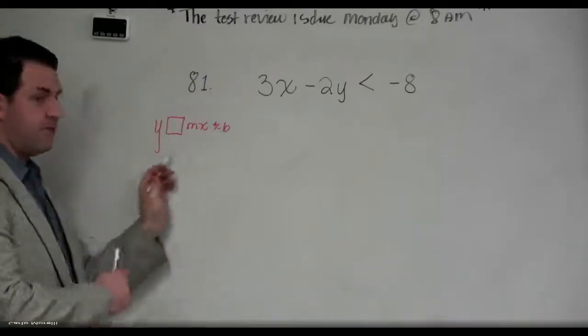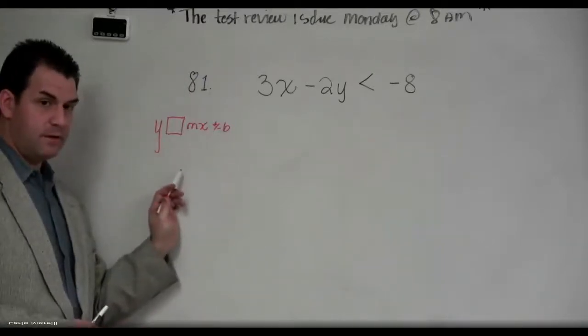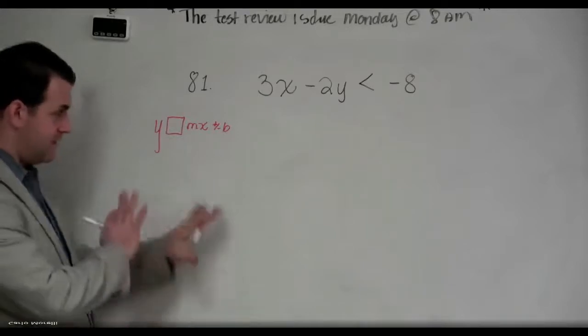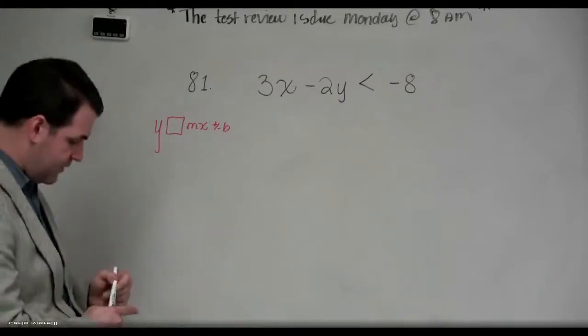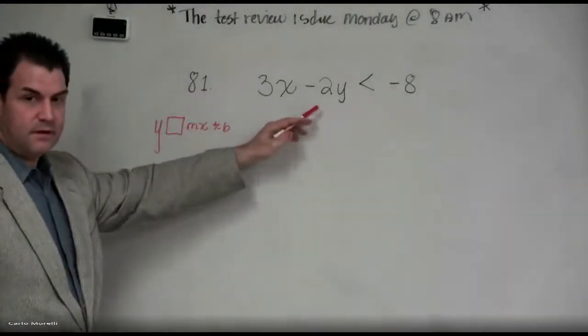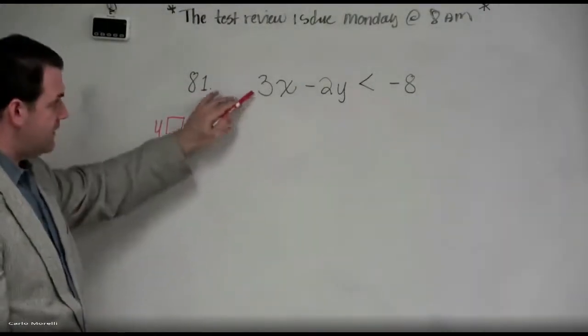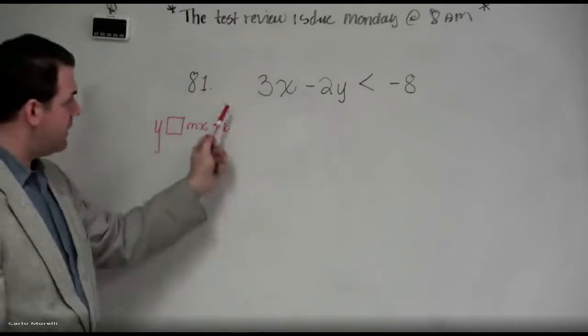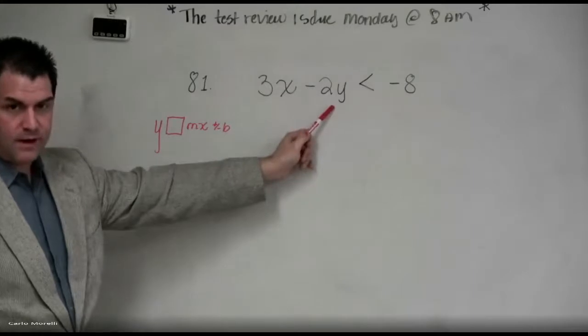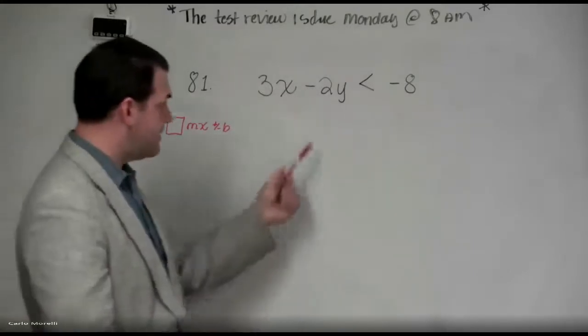So this is the slope-intercept form that we know from our linear equations, but this is linear inequalities, so it's the same kind of deal. The procedure will be to subtract 3x from both sides and divide by -2. I'm going to say it again. To get y by itself, we're going to subtract 3x from both sides and then divide by this coefficient of the y variable. In this case, it's -2.